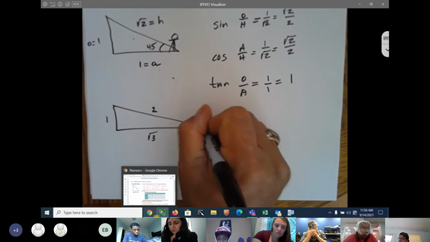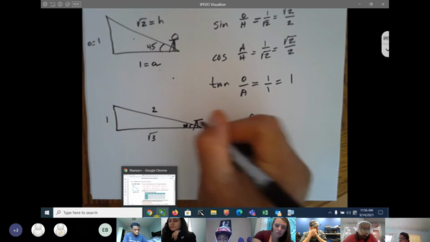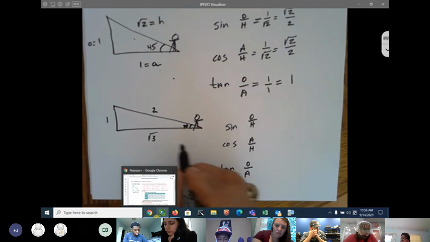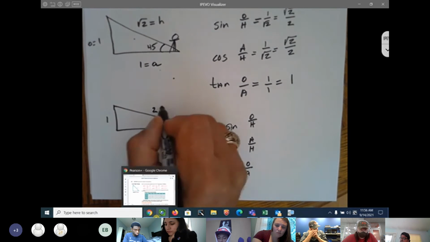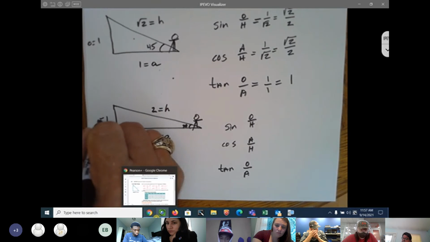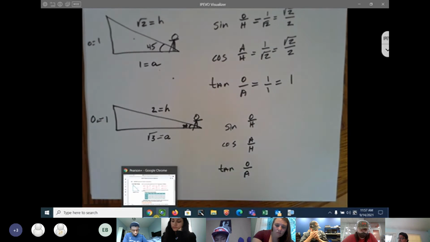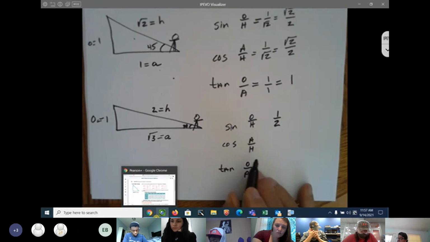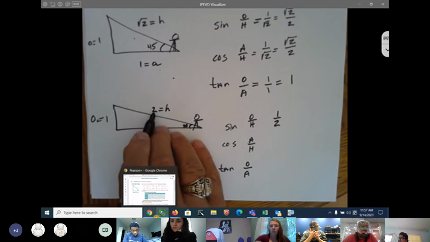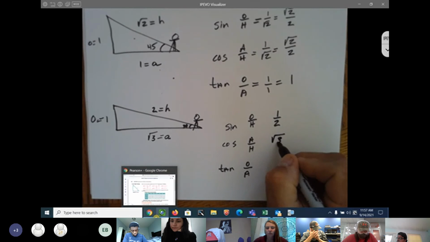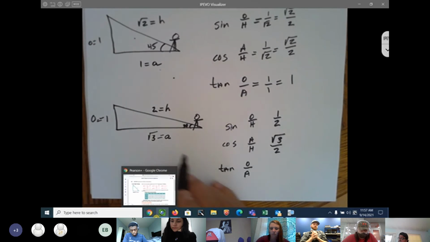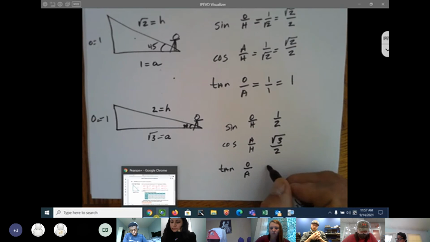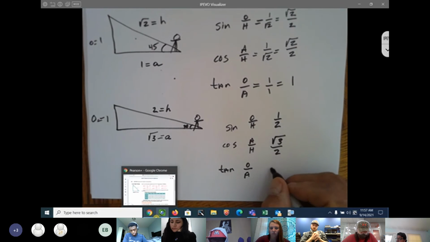Little man's down here because it's 30 degrees. So that's your adjacent, that's your hypotenuse, that's your opposite. Sine is 1/2. Cosine is square root of 3 over 2. And tangent is 1 over square root of 3.